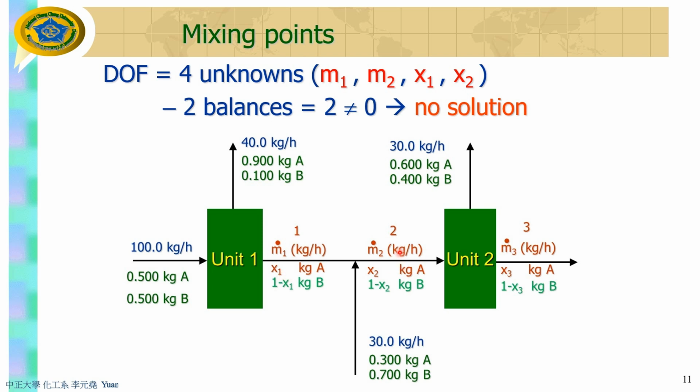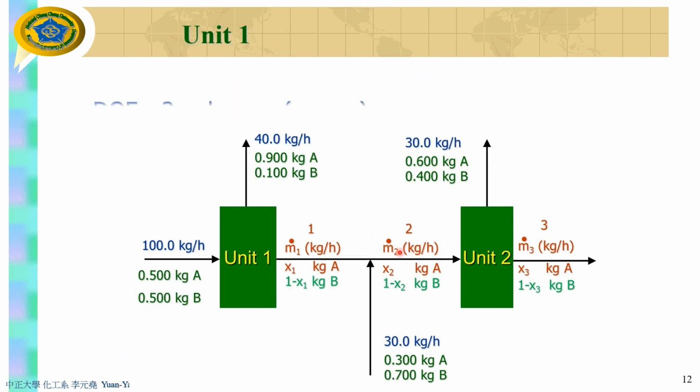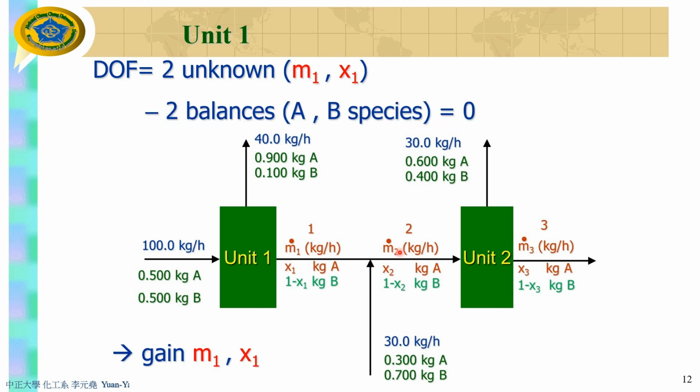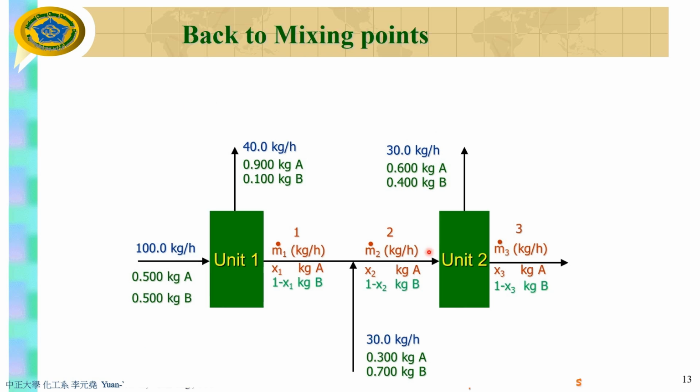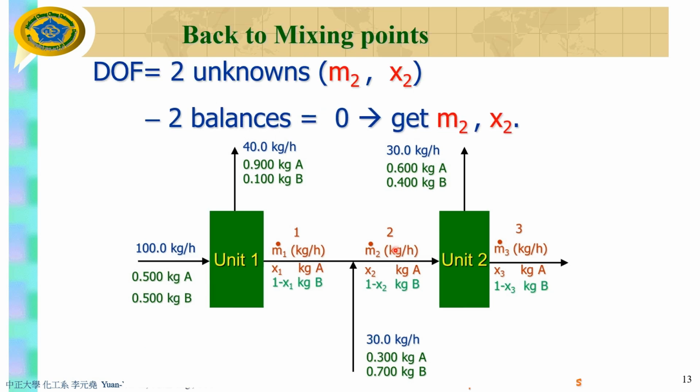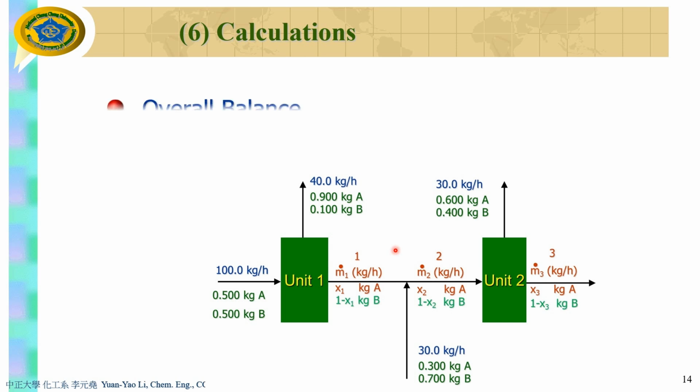Okay, try another system. So unit 1, you can get this, right? You go back to this, you can solve this. So now you solve this and this, and then you can go back to this. And then after that, you know, wow, Professor, according to DOF, I can get these 4 unknown variables.